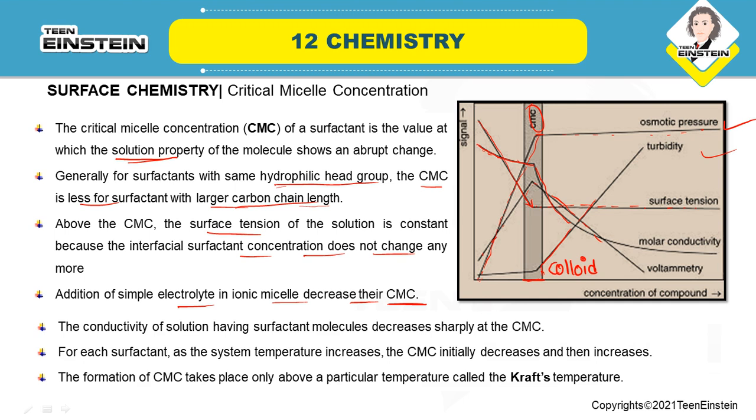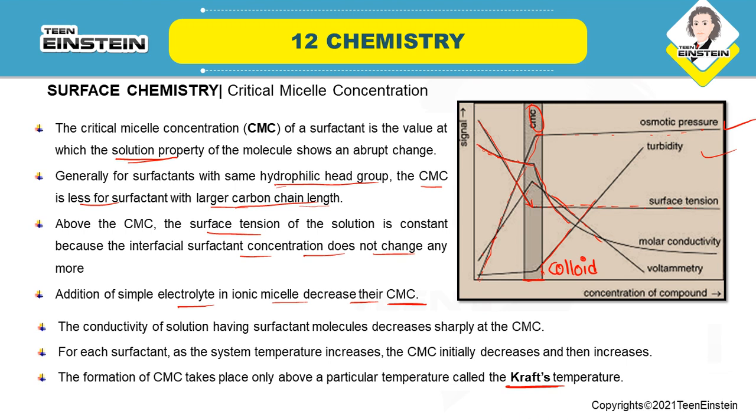Then the conductivity of a solution having surfactant molecules decreases sharply at the CMC. For each surfactant there is a specific temperature, and that temperature is known as the Krafft temperature. So formation of micelles can take place only above this temperature. So remember this term, Krafft temperature.